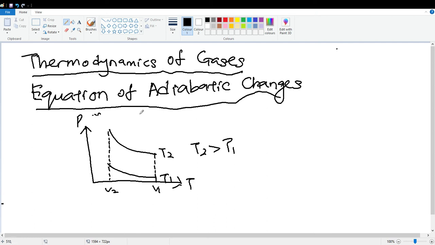As for the adiabatic curve, it is steeper than the graph of isothermal change. This represents the isothermal change, and this is an isothermal change as well. And this curve represents the adiabatic change, where heat does not enter or leave the system.